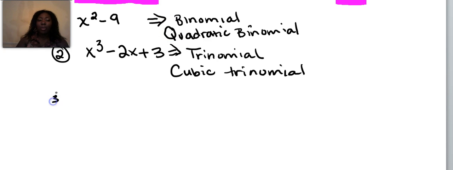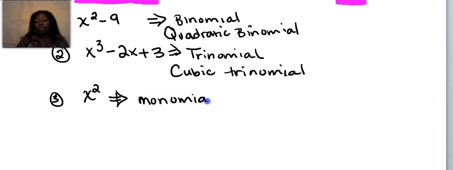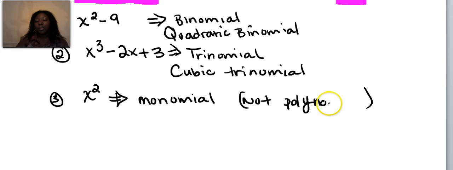A monomial, x squared, is a monomial, but it is not considered a polynomial because it's just one thing. It's not two or more monomials being added together or subtracted together.